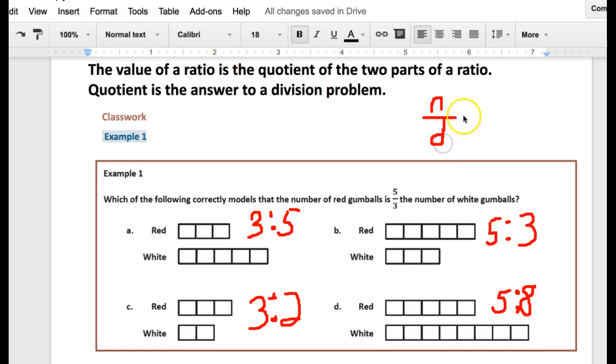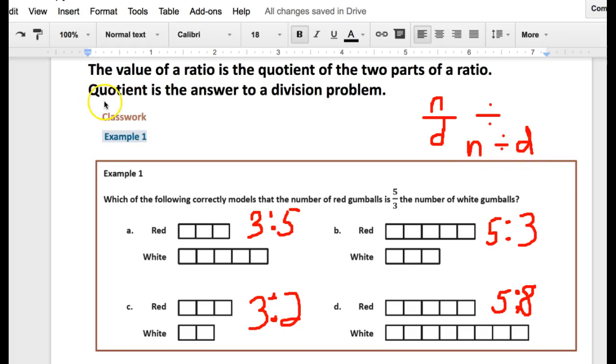Something else that the fraction bar means, besides just the divider between the numerator and the denominator, is it actually means divided by. So when you have the numerator above the denominator, what you're really saying is the numerator divided by the denominator.